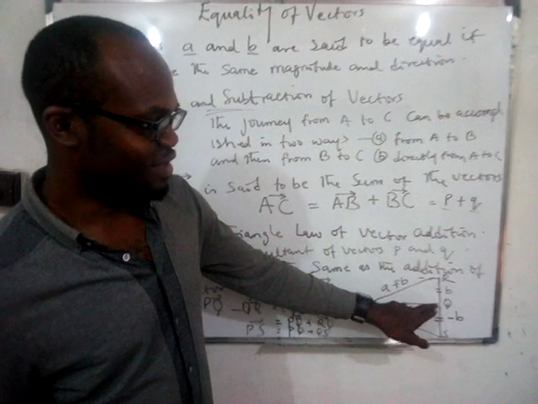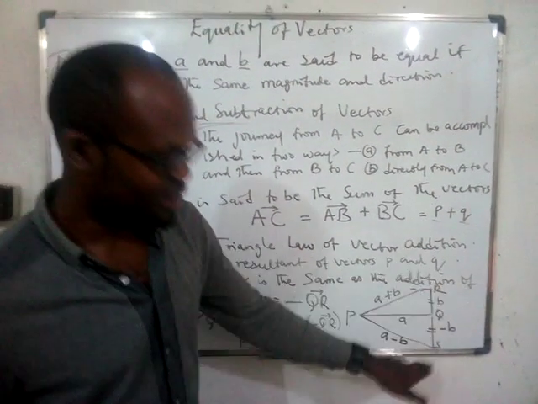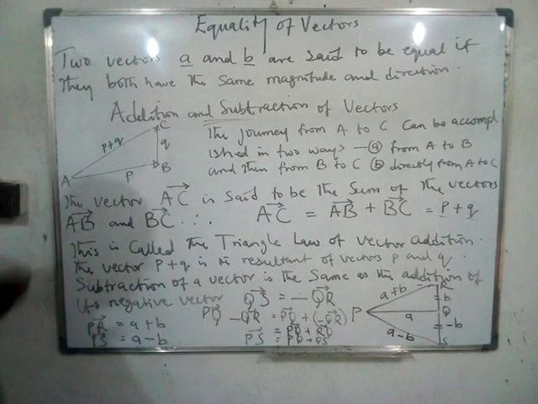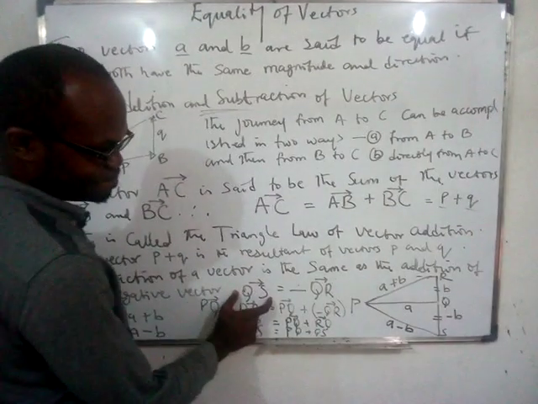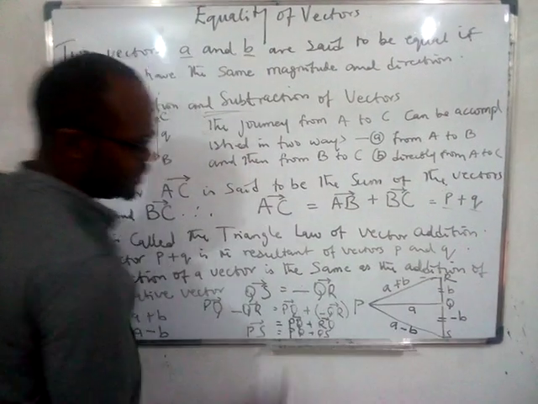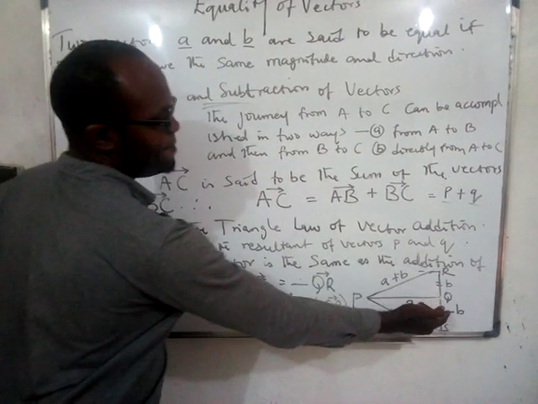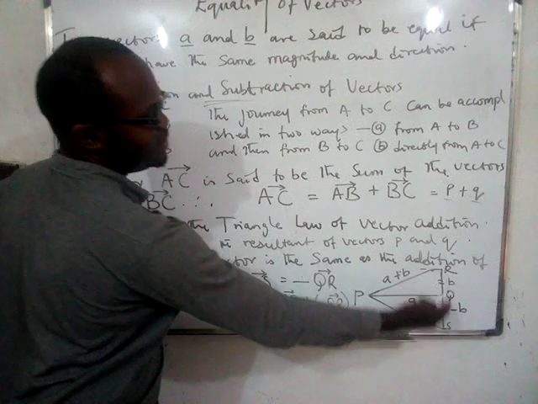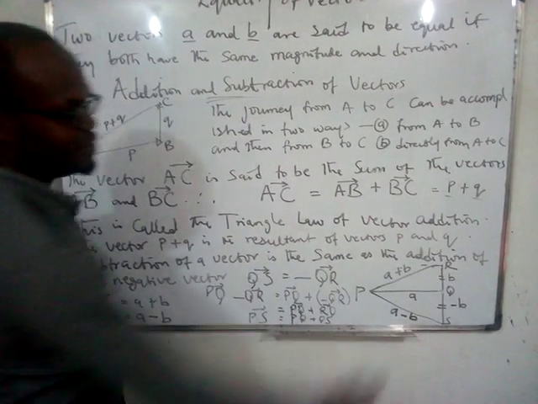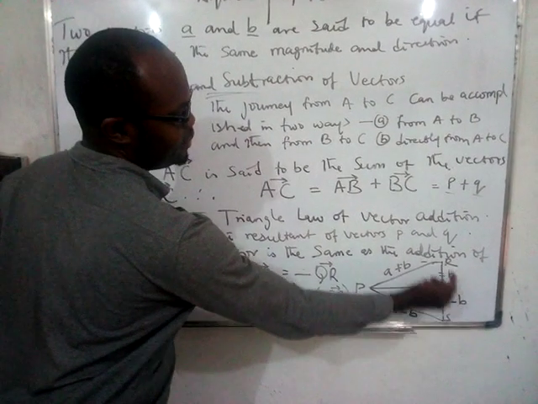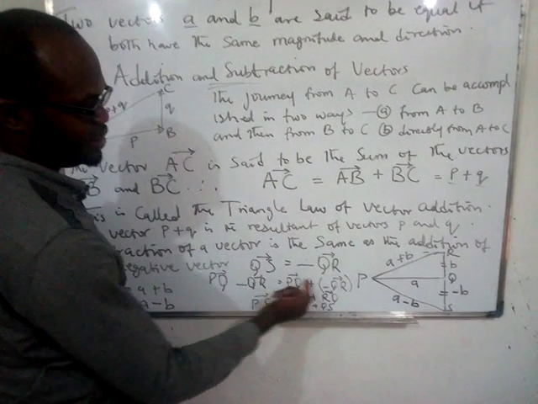But you are not considering the normal B, you are taking the other direction. So you can easily say that QS is the same thing as the negative of QR.